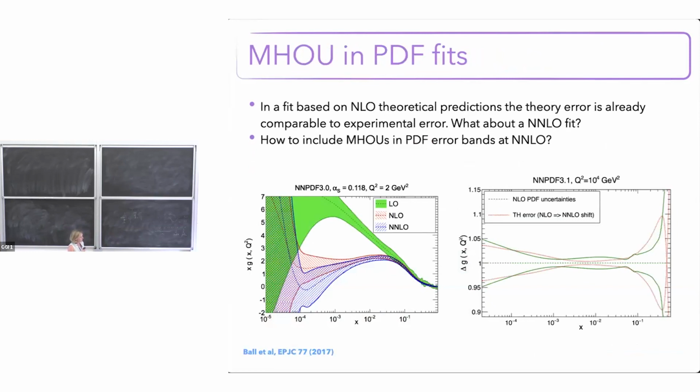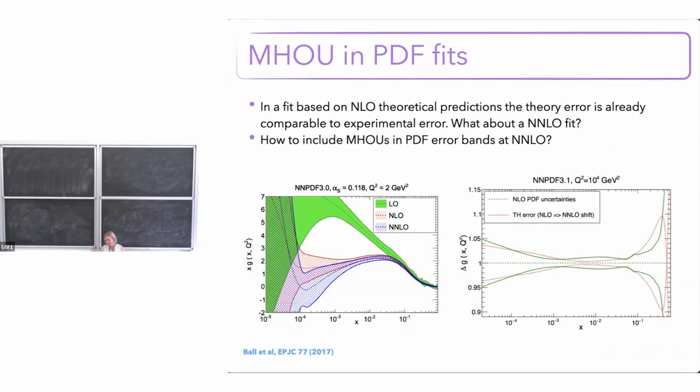Okay, so how do we estimate this missing higher order in the theoretical prediction that we use in the PDFs? So this is a fit of the gluon at leading order, the gluon at next to leading, the gluon at next to next to leading. When I talk about that, I talk about the accuracy of the theoretical prediction. You can see that the leading order is basically a horrible gluon, unreliable.